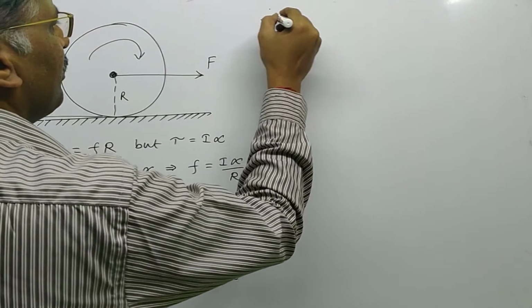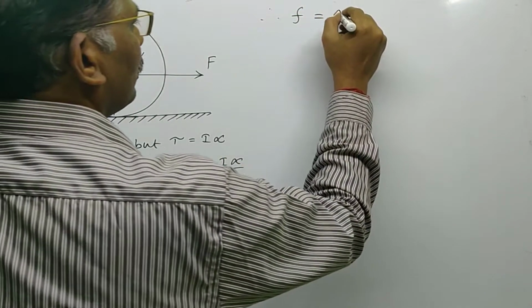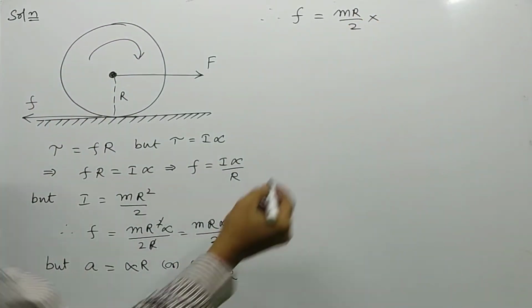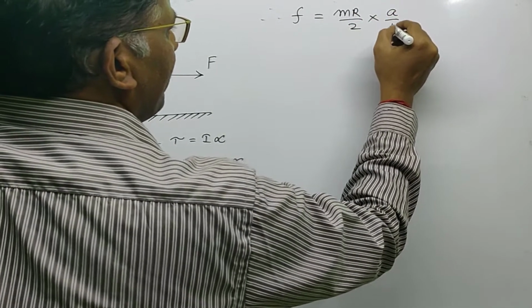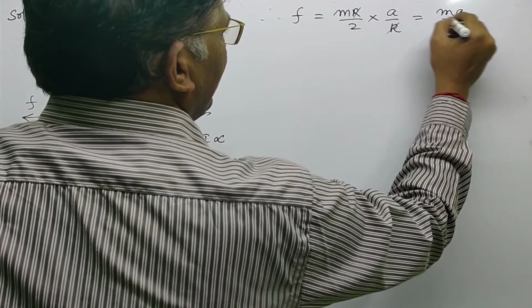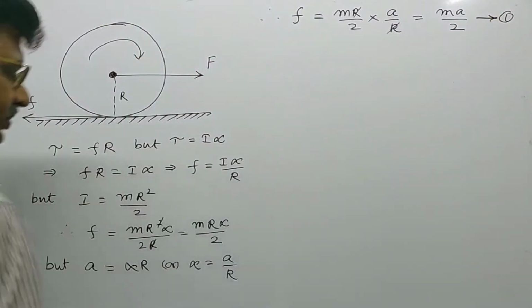Therefore, frictional force f can be written as m R by 2 into, in place of alpha, A divided by R. So R cancels, that is m A by 2. We call this equation number 1.